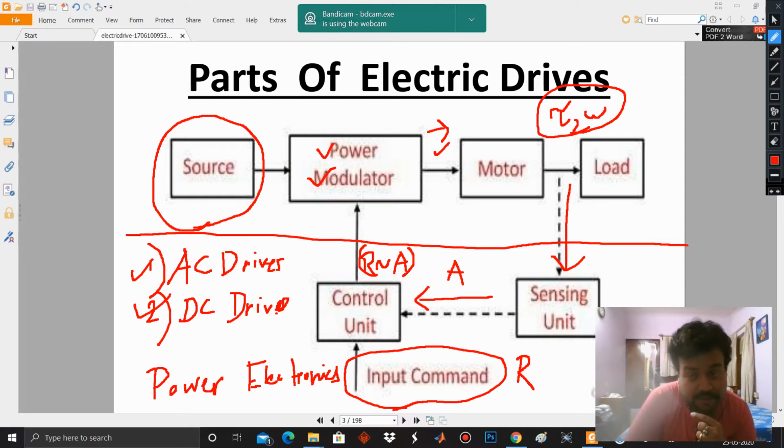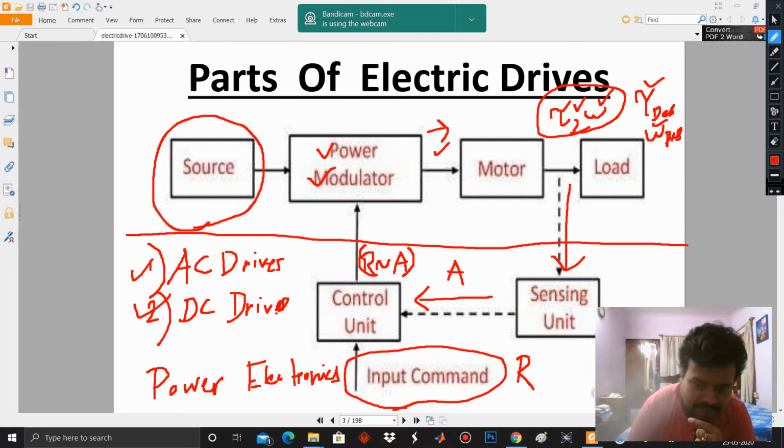So what we need to do? We need to correct this torque and speed so that you will get the desired torque and desired speed. These things you have to reach.